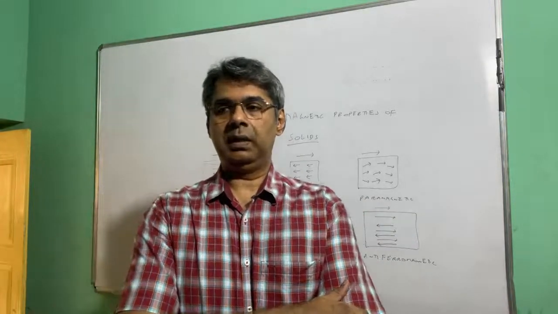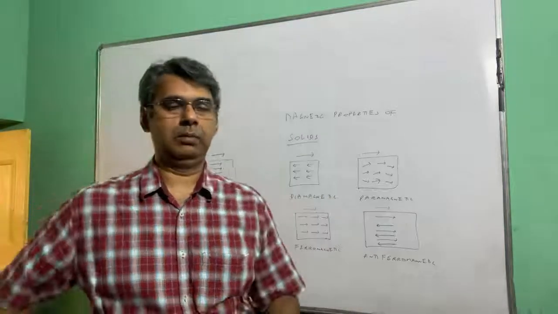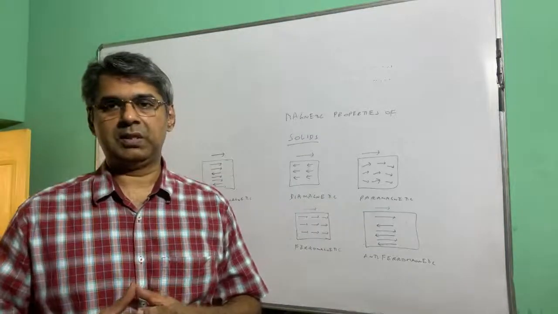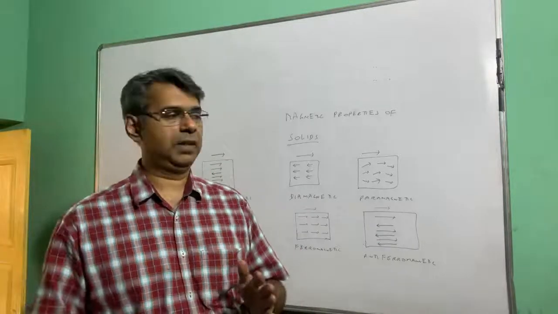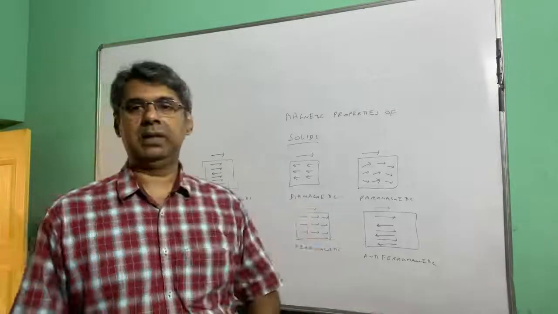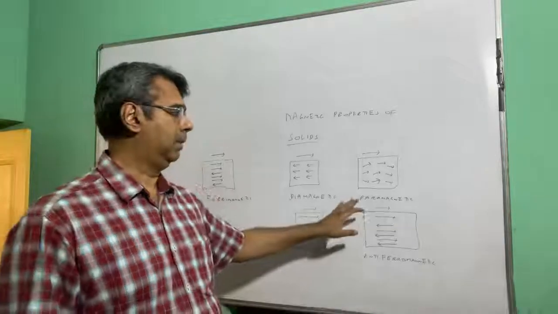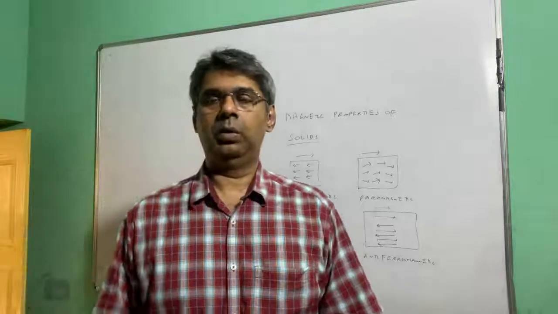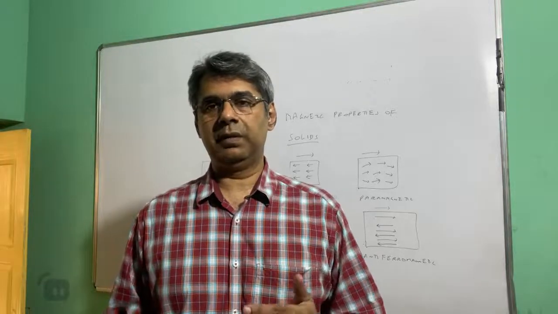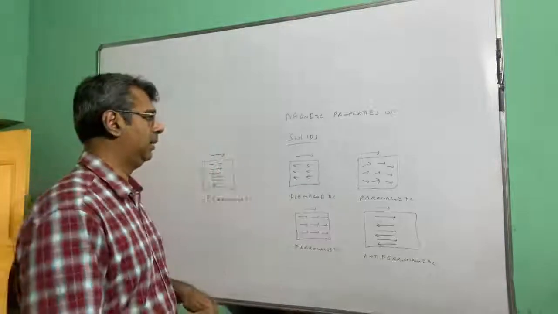Whenever we speak of substances, we broadly classify them. The broad classification is diamagnetic, that means non-magnetic, and paramagnetic, that means they have some magnetism. Now fundamentally, what is the difference between diamagnetic and paramagnetic?